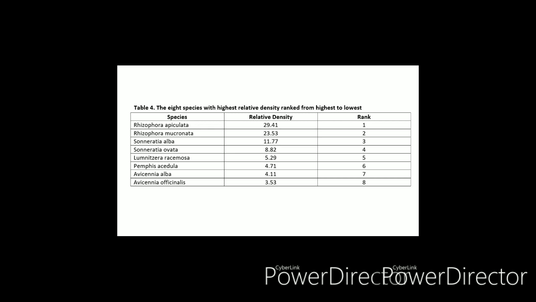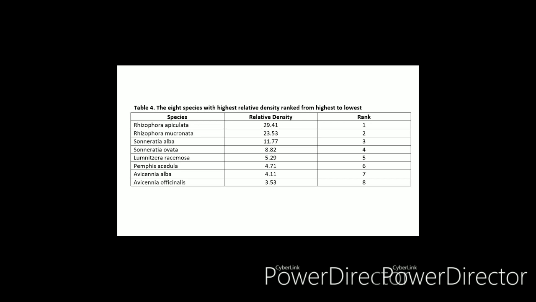Rhizophora mucronata with a relative density of 23.53, rank 2. Sonneratia alba with 11.77, which is rank 3. Sonneratia ovata with a relative density of 8.82, which is rank 4.